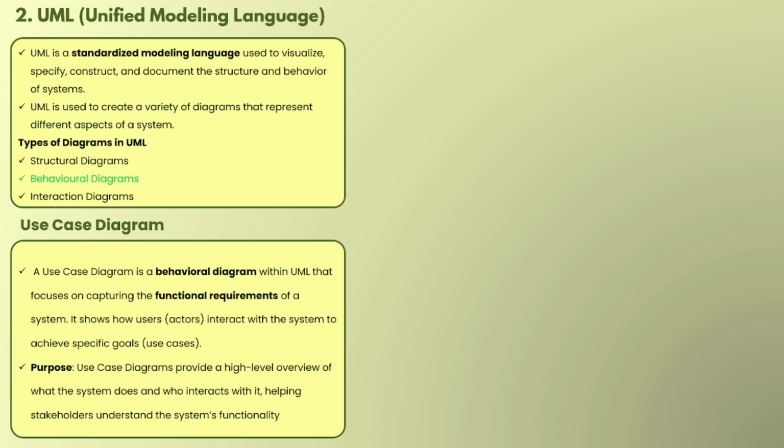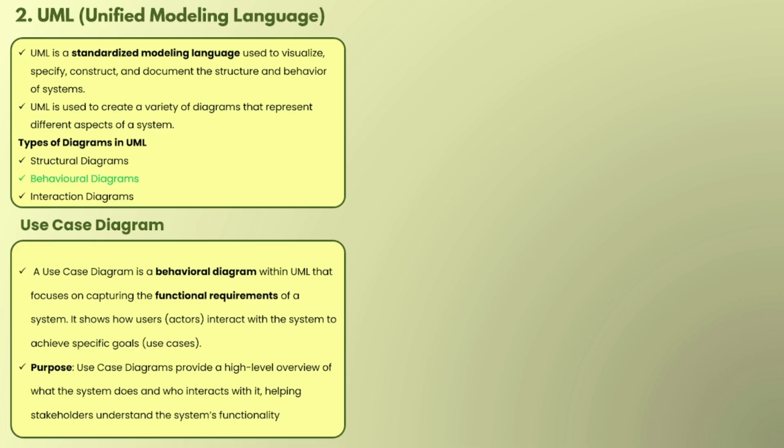There are three types of diagrams in UML: structural, behavior and interaction. Structural diagrams show what the system is made up of, like building blocks, things like a class diagram or component diagram. It's like checking out the system blueprint in short.